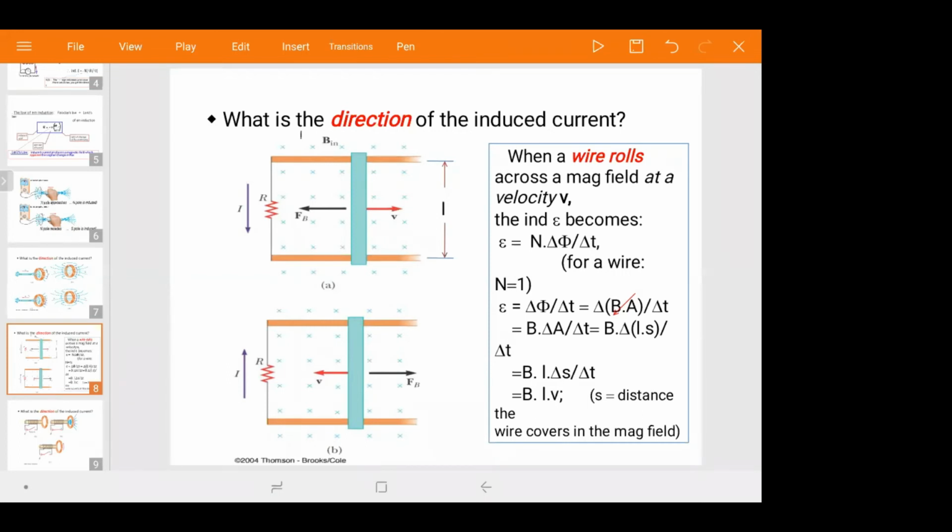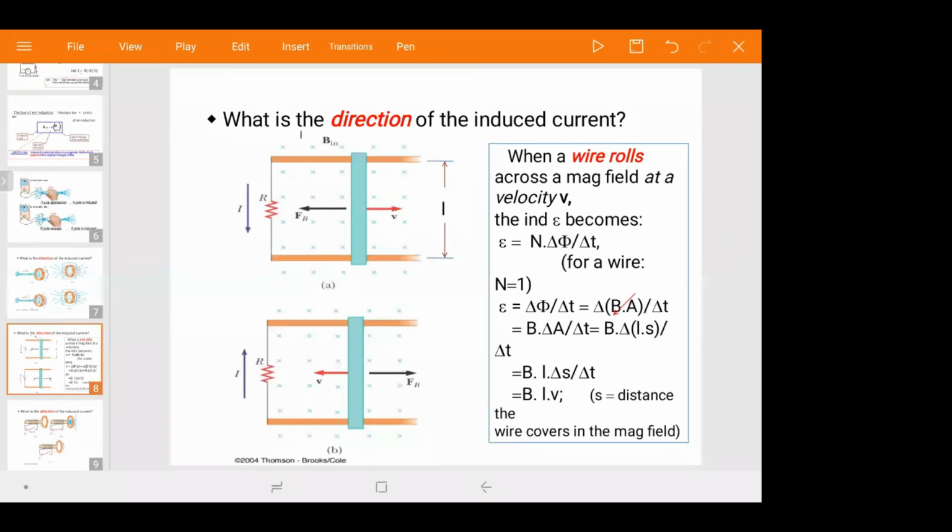There's another thing in the picture. With a black arrow, there's an FB. What is FB? It's a magnetic force caused by a magnetic field. B stands for magnetic field strength, not the one which is given here. The induced current produces its own magnetic field, and that magnetic field tries to stop your motion towards the right.